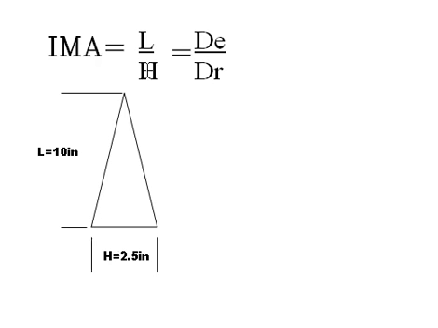The question is, on the wedge, which one's length and which one's height, because length would usually be horizontal and height would usually be vertical, but not necessarily. In the length, you're always looking at the diagonal of the wedge. IMA is L over H, and the L is not necessarily horizontal.